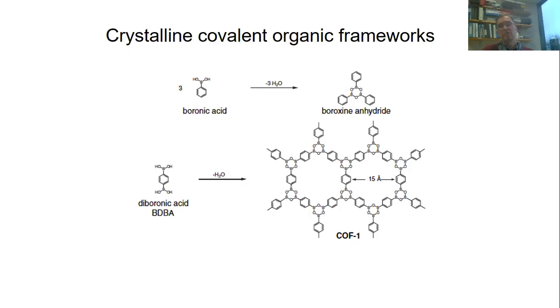Now you can actually use the directionality of the covalent bonds in order to force this structure into a periodic structure. With a high degree of certainty, you can predict what this porous structure will be, because the way the covalent bonds are arranged allows you pretty much only one possibility.